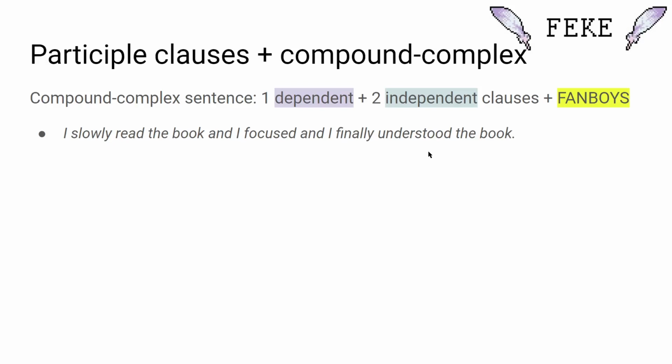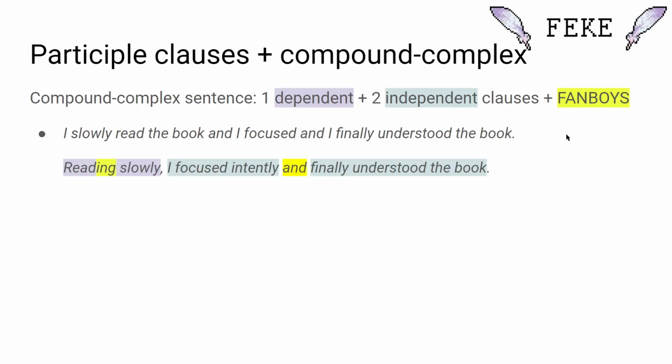Here we have an example sentence. That's perfectly fine. So I slowly read the book, and I focused, and I finally understood the book. All right, great. We can see the reason why you understood the book by reading, focusing, and then understanding.